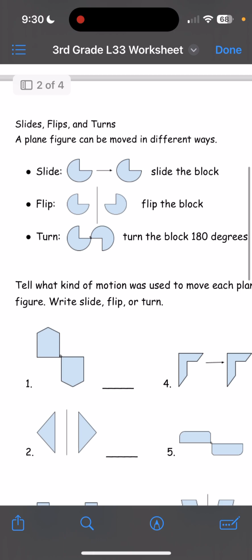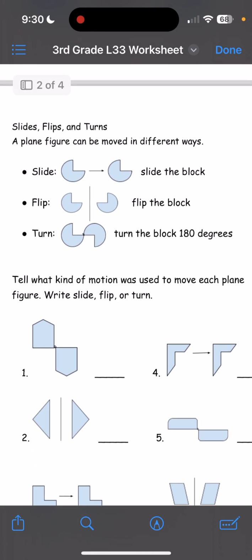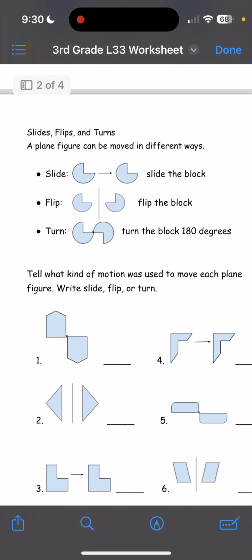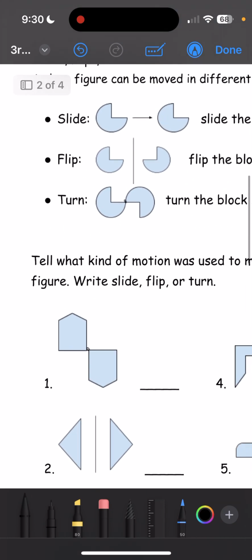Slides, flips, and turns. A plane figure can be moved in different ways. Slide the block, flip the block, turn the block 180 degrees. Tell what kind of motion was used to move each plane figure: slide, flip, or turn. Okay, so number one, let's look at it.